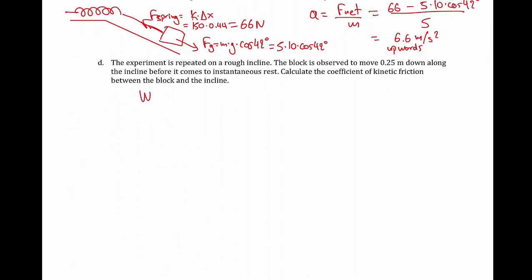We would say that the work net is equal to kinetic energy final minus kinetic energy initial, with both the kinetic energy final and the kinetic energy initial being 0, since we start from rest and we come to rest. But in this case there are more forces on the object.